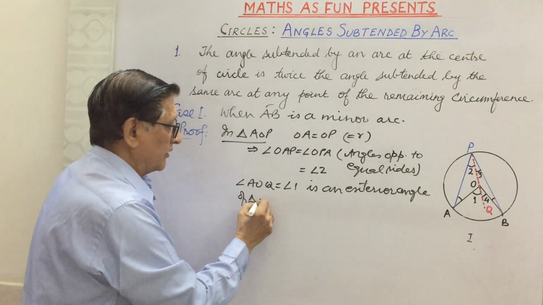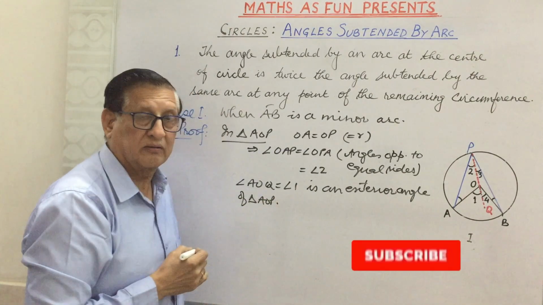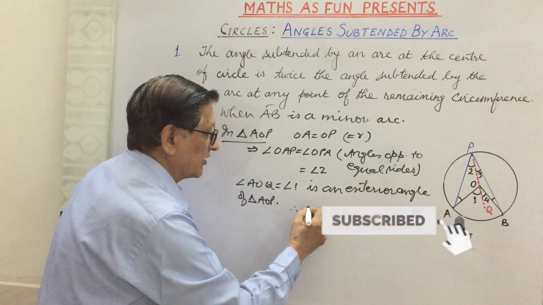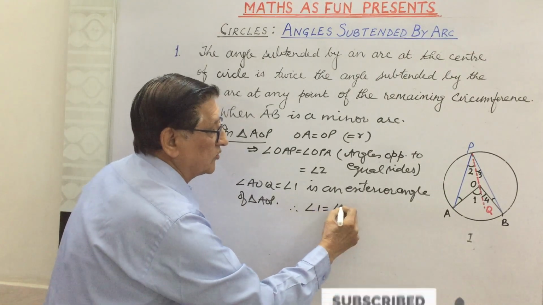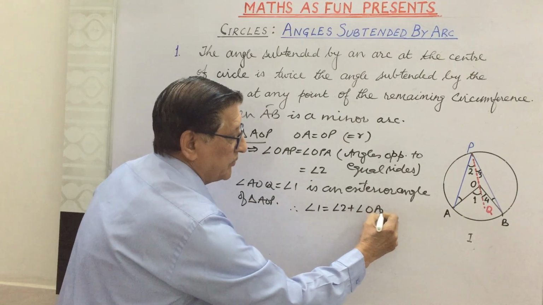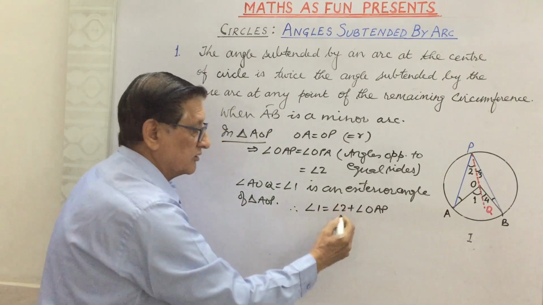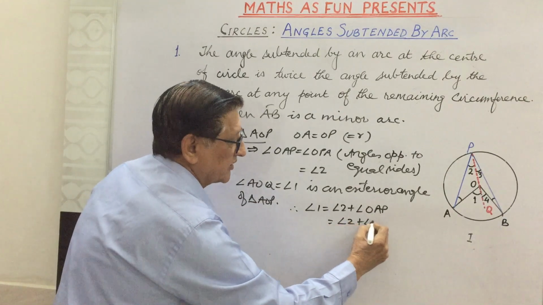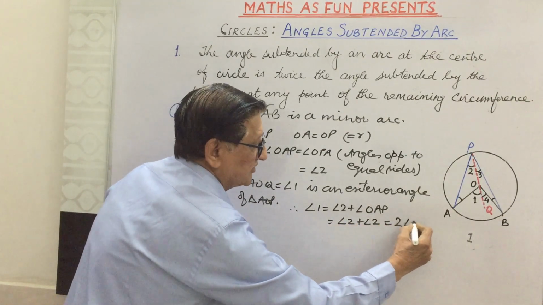Therefore we can write that angle 1 is equal to angle 2 plus angle OAP, and this is also angle 2, so this is angle 2 plus angle 2, twice angle 2.